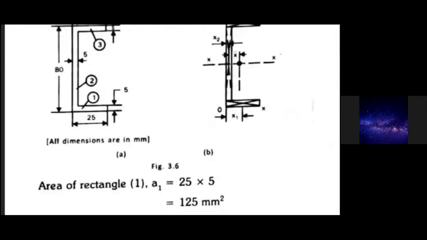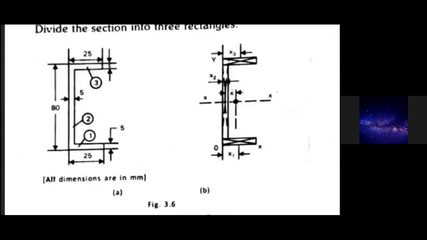The second step is to split this section into known standard sections. Here you can observe this C section consists of 3 rectangles: 2 horizontal rectangles, upper and lower, and a vertical rectangle.